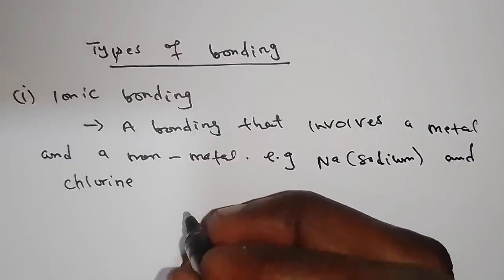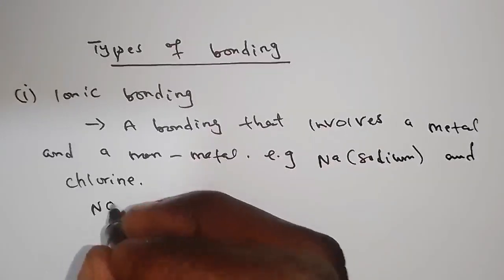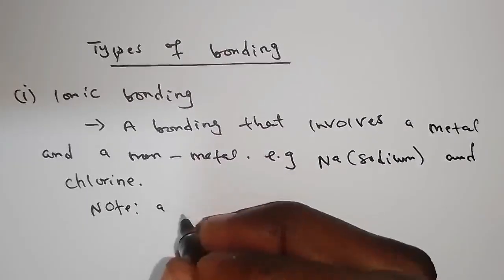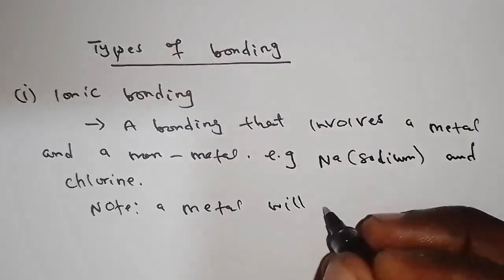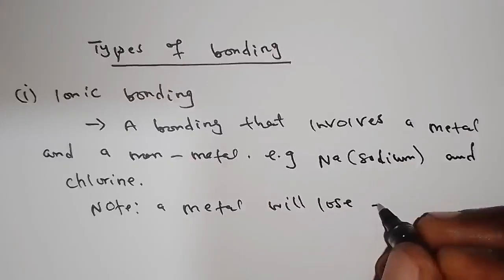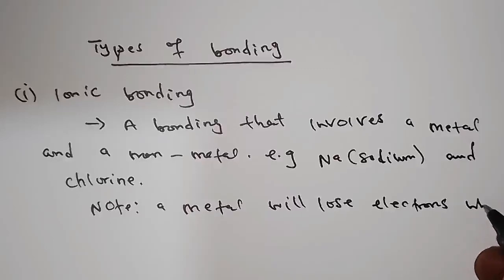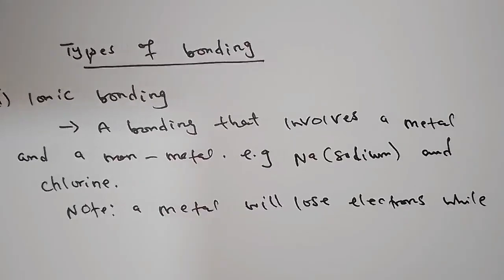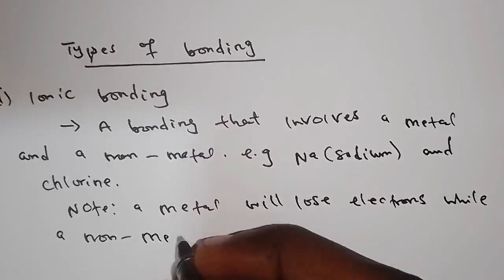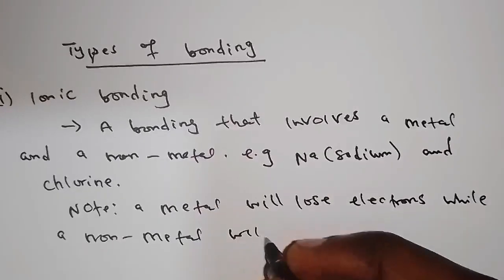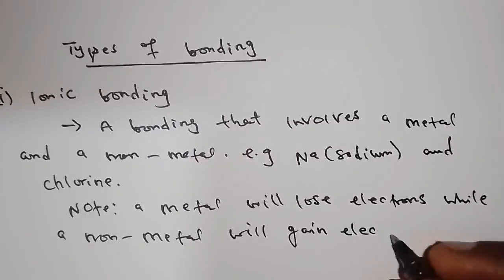So in this case, you have to note that a metal will lose electrons while a non-metal will gain electrons.